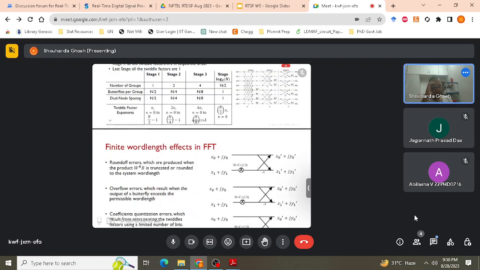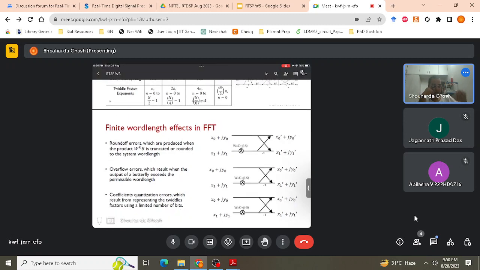And then let me tell you briefly, there are certain finite word length effects in the FFT. And why does this happen? There are 3 cases. One is the multipliers over here. When you multiply 2 k-bit numbers, you get a 2k-bit output. But because of saving hardware, you don't keep those 2k bits, you keep the k MSBs.